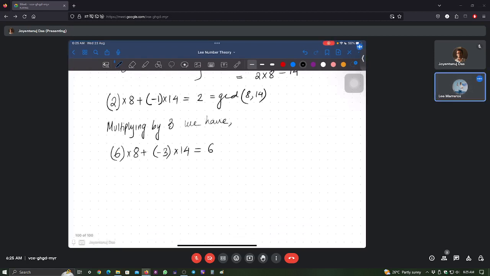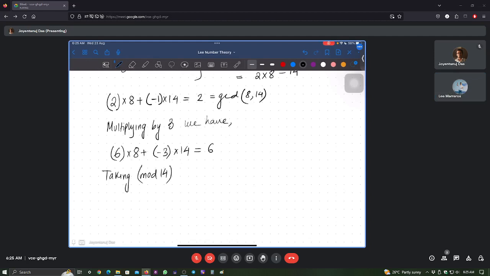Now if I take modulo 14, what happens? You will have 6 times 8 congruent to 6, because the second term with 14 will go away.